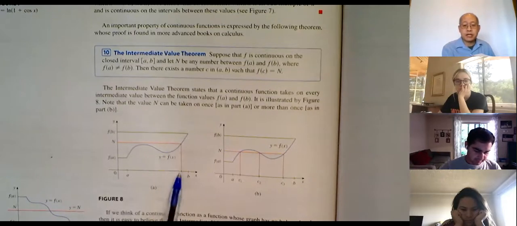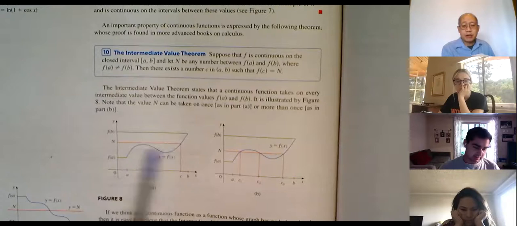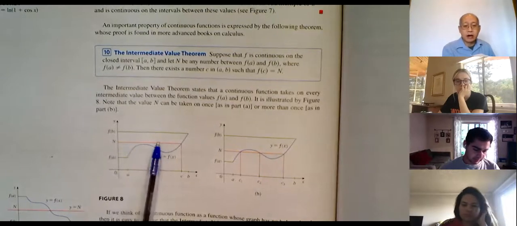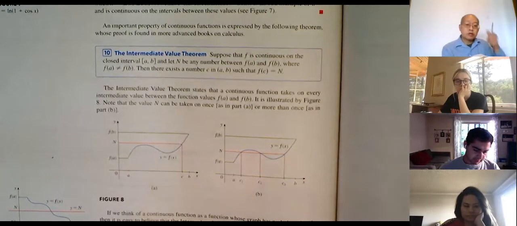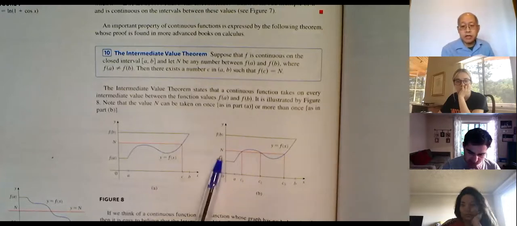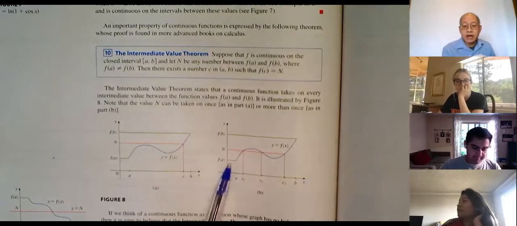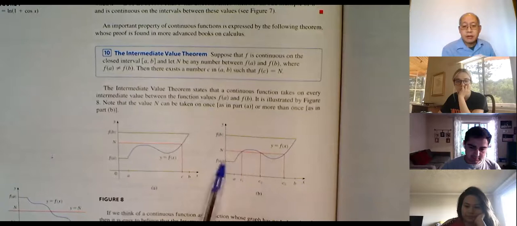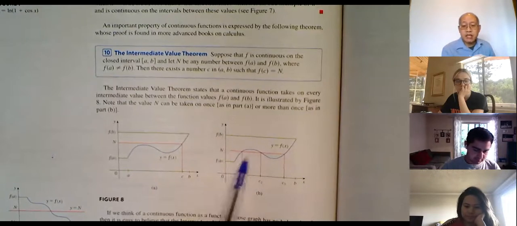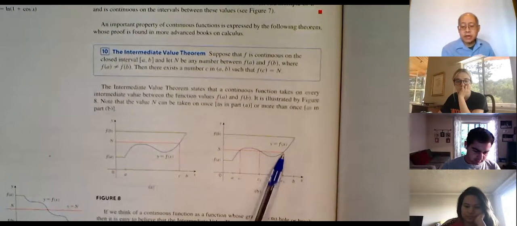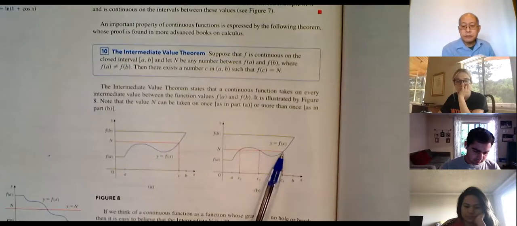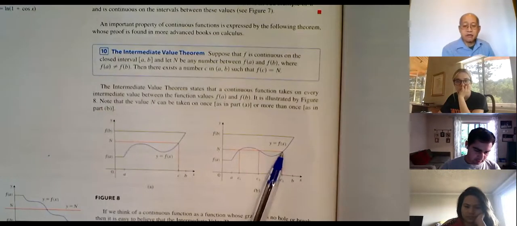There exists a number c such that f of c is n. So n exists somewhere. It has to happen at least once. Now what they're showing you here is it could happen more than once. Here's f of a, f of b. In this particular case, if n is here, it touches 1, 2, 3 places, right? But it has to happen at least once within the interval.